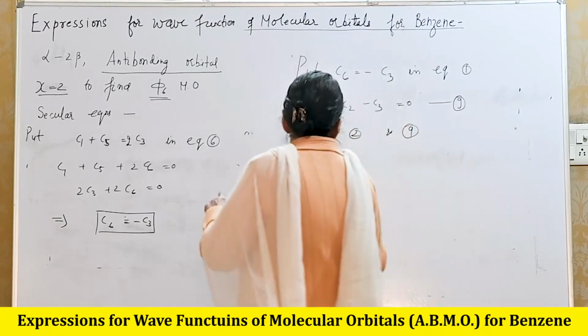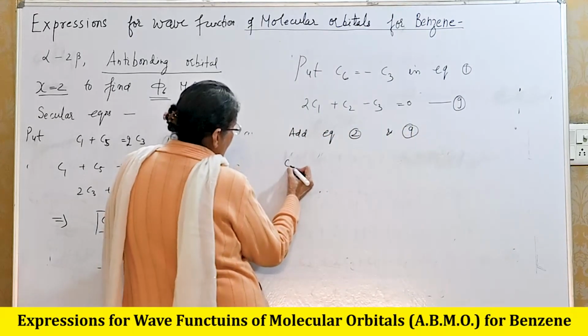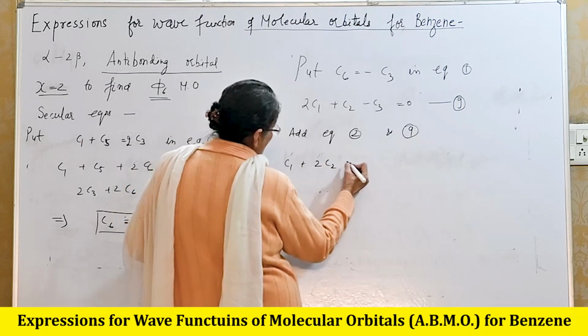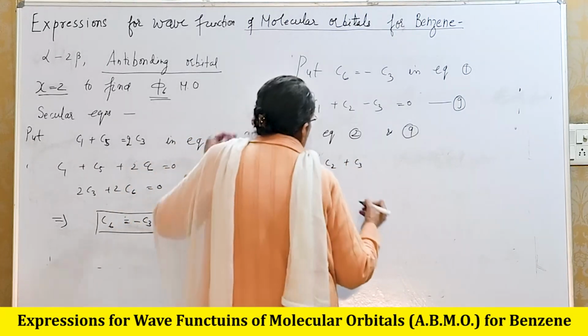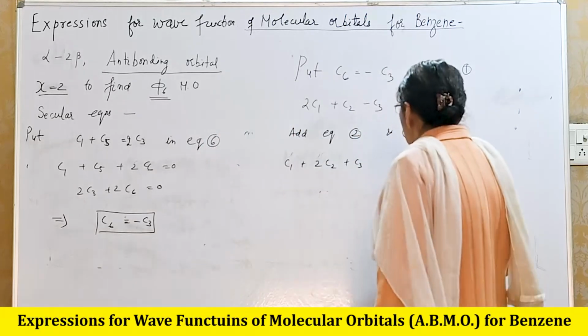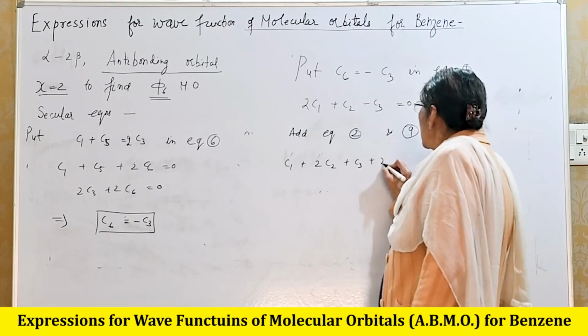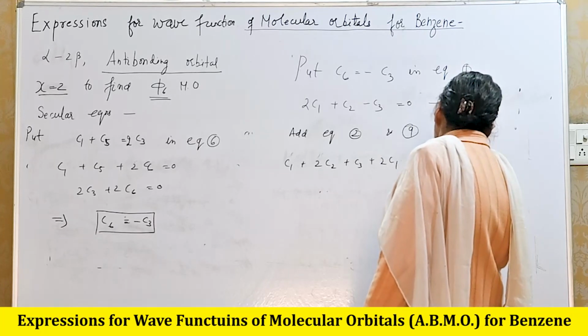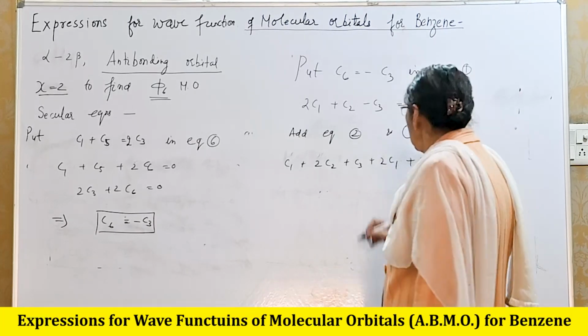So we get C1 plus 2C2 plus C3 plus 2C1 plus C2 minus C3 is equal to 0.